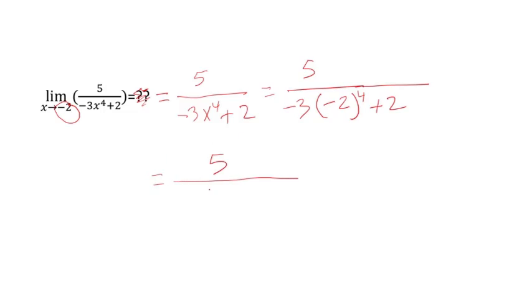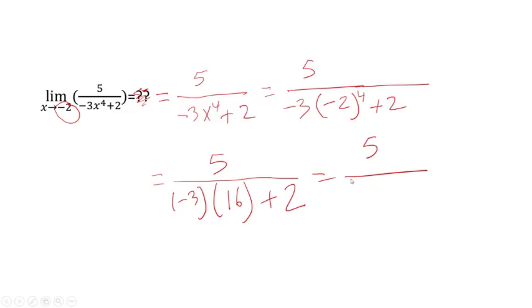So 5 divided by negative 3 times, since I have an even number at the power, the negative will go away. So then I'm just dealing with 2 to the power of 4. 2 to the power of 4 is 2 times 2, which is 4, times 2, which is 8, times 2 is 16, plus 2.